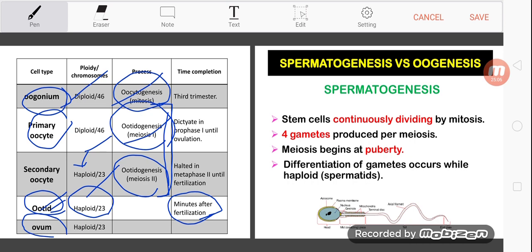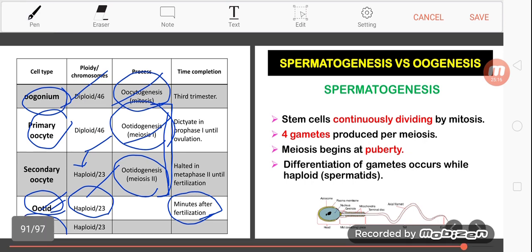Okay, so we arrive at the end of our gametogenesis. In the end of this chapter, we have to be able to compare spermatogenesis and oogenesis. These are some points comparing these two.